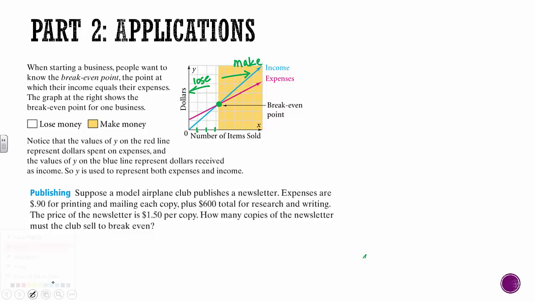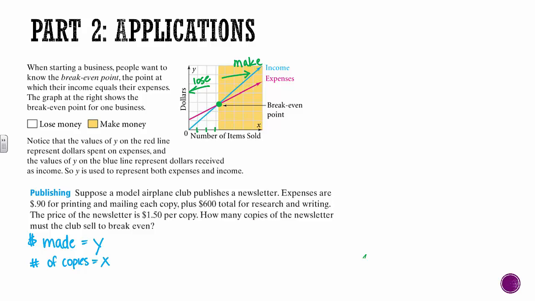So we need to come up with 2 equations. So the things we don't know are income and expenses, so money, and the number of copies they're going to sell. So money made, we'll make that y. Number of copies, we'll make that x.